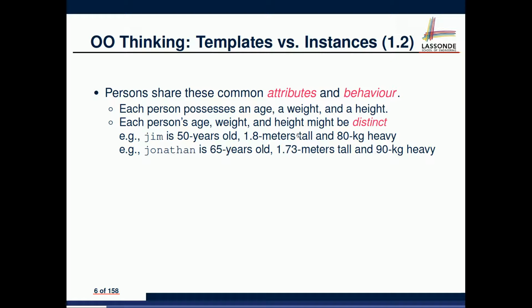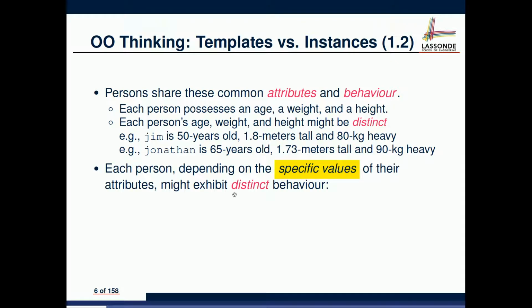Both of them have some measure for their heights. In the case of Jim, it's 1.8 meters. In the case of Jonathan, it's 1.73. So both of them have heights, but the values for the specific entities might be different. And also, one is 80 kilograms, the other one is 90 kilograms. You can see that it's quite intuitive. It just matches real-world phenomena.